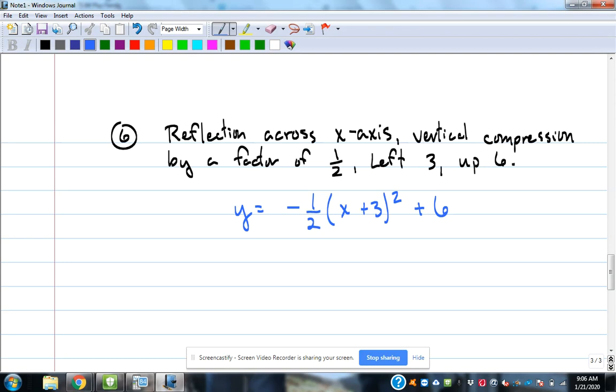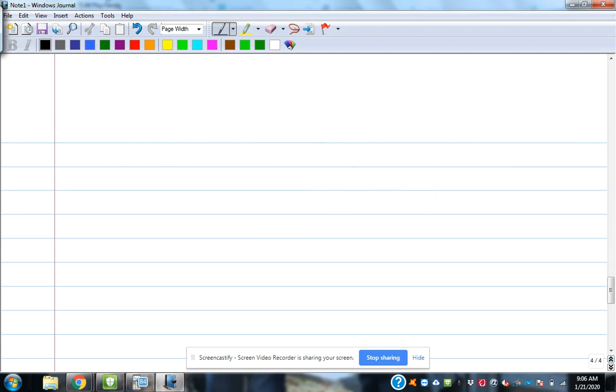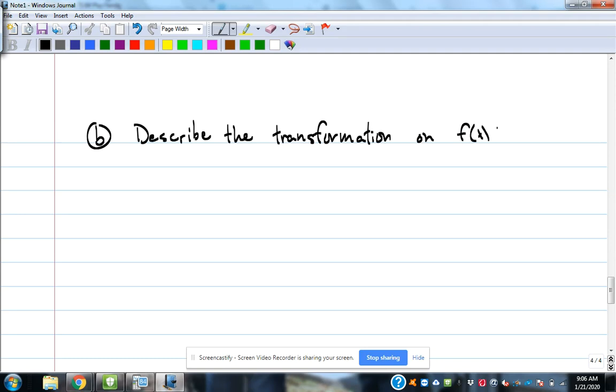Okay. All right, let's go the other direction and take a function and describe the transformation. So example B, describe the transformation on f of x equals the square root of x. I'm going to do 2, 3 of these.